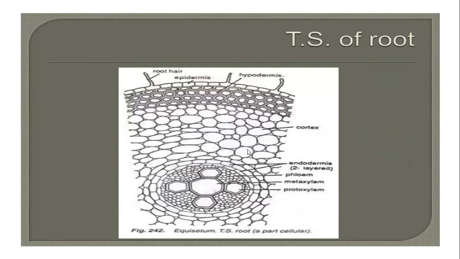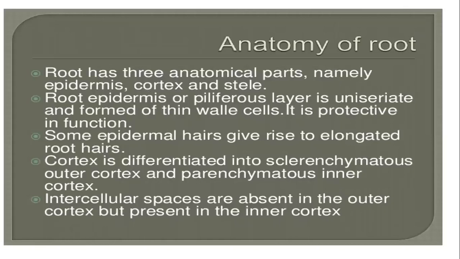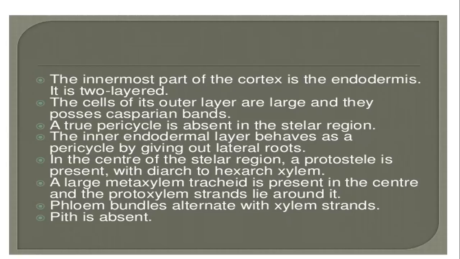Internally, we can see the xylem and the phloem. The xylem and the phloem form a protostelic condition with a diarch to hexarch xylem. That means the number of xylem strands is 2, 4 or 6.